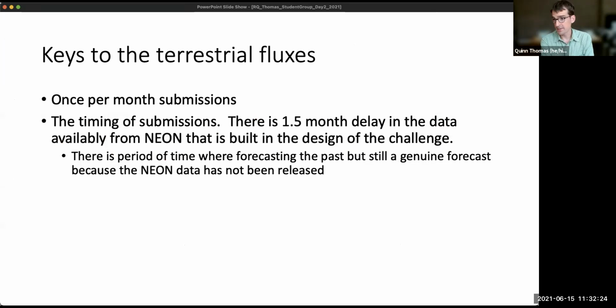And so some keys to the terrestrial fluxes theme. One is remembering that it's submissions once a month, and importantly, the timing of submissions. NEON data is not instantly available. There's a latency for NEON. NEON packages their data in monthly chunks.